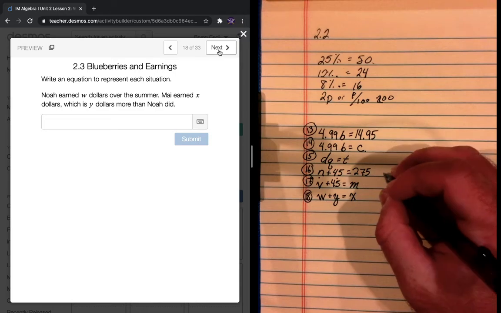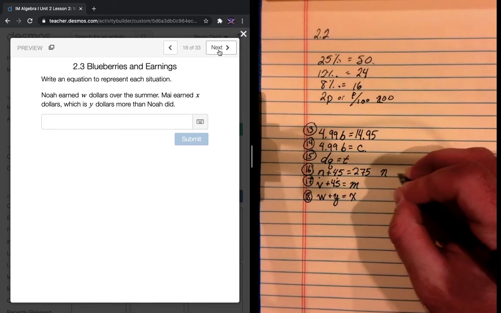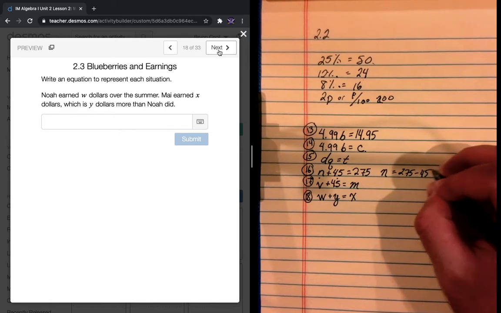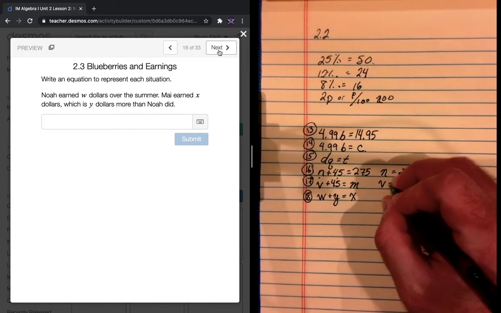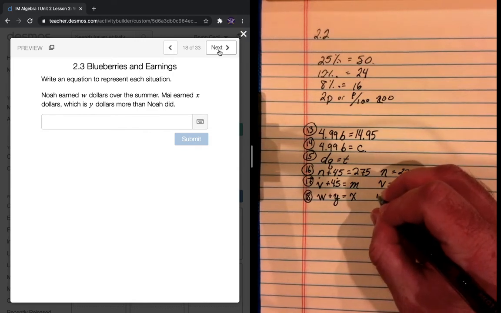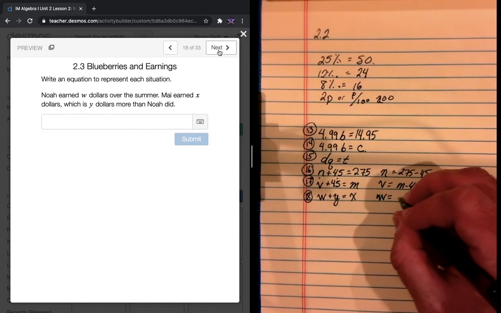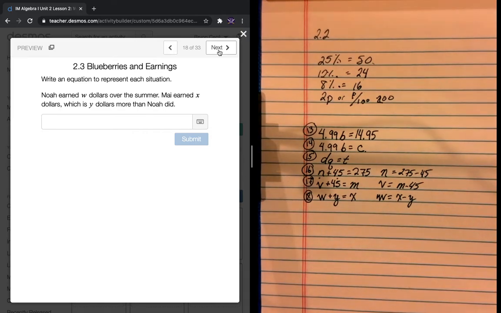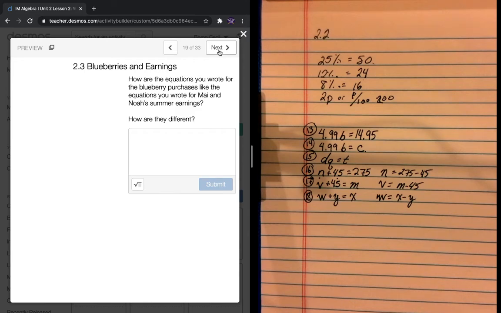Could you have said N equals 275 minus 45, or V equals M minus 45, or W equals X minus Y? Yeah, you're still manipulating, but at the same time, you're going to get the same answer. So you could have written those both ways.